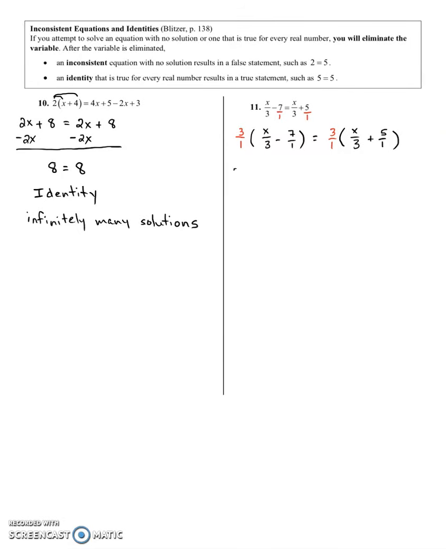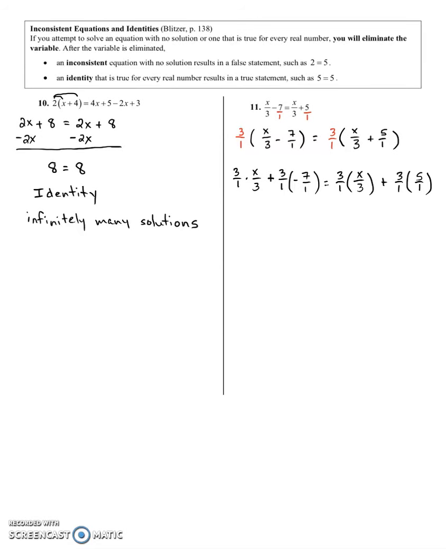So we have 3 over 1 times x over 3 plus 3 over 1 times negative 7 over 1 equals 3 over 1 times x over 3 plus 3 over 1 times 5 over 1.